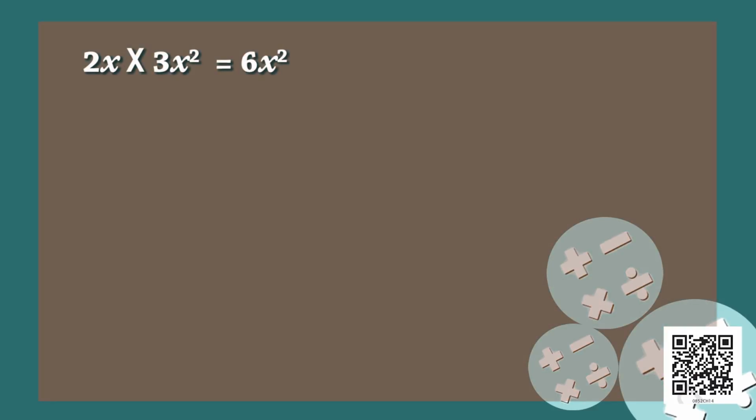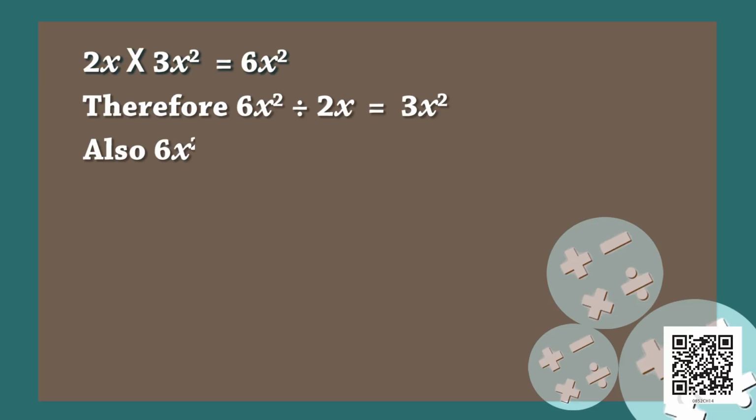We may similarly follow the division process with respect to algebraic expressions. Let us see some examples. 2x into 3x square is equal to 6x square. Therefore, 6x square divided by 2x is equal to 3x square. Also, 6x square divided by 3x square is equal to 2x.